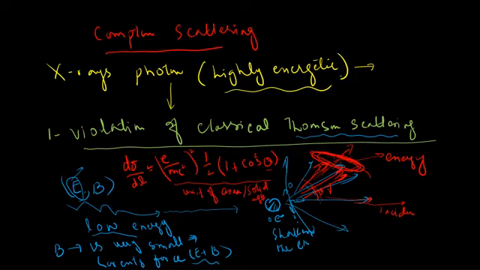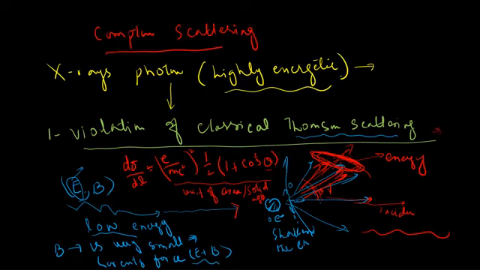But the most important thing about this classical Thomson scattering is that it is not quite accurate. What is wrong about it? When we go to highly energetic electromagnetic radiations, there is a violation of classical Thomson scattering.